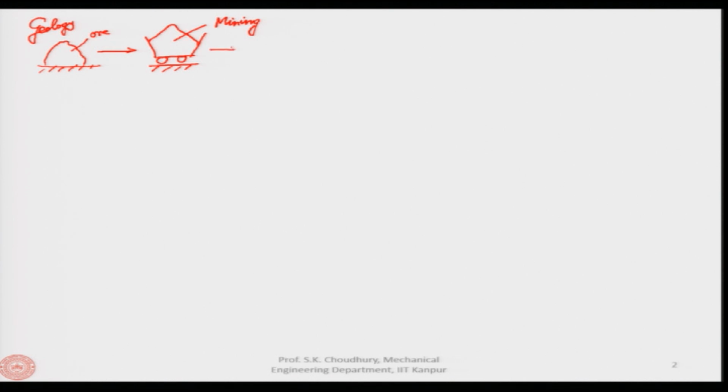So, after that the ore is being mined and then it is transferred to the metallurgist people. Okay.